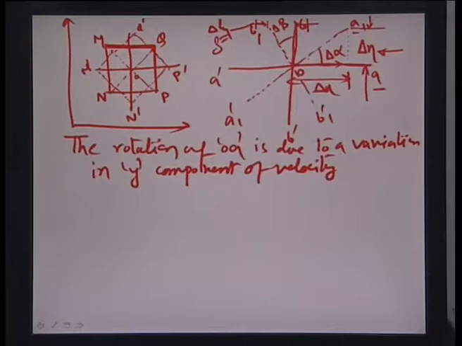So, let us suppose this particular point O is defined by a velocity vector v(x, y, z, t), where v in the x direction is given by u, v in the y direction is given by v, and that in the z direction is given by w.